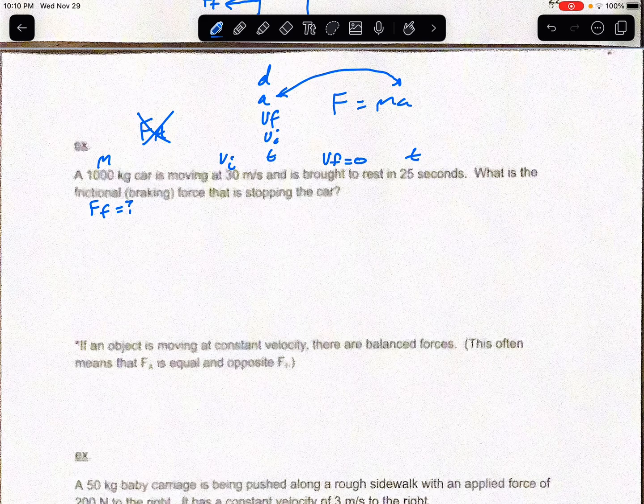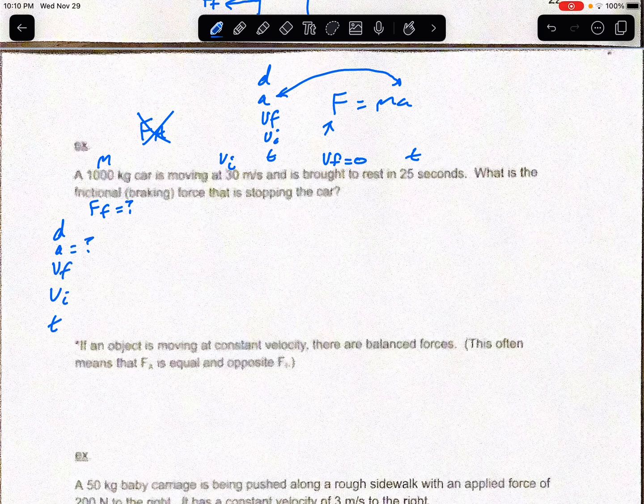In this case, I'm looking for force, so I'm looking for this right here. So in order to do that, I would have to have mass and acceleration. Well, I've got mass, but I don't have acceleration, so that means I can't just jump into F equals MA. That means I have to use Daffy T to help me find A, and then I can bring it over to F equals MA. So we're going to set up our Daffy T, so dA, VF, VI, and T.